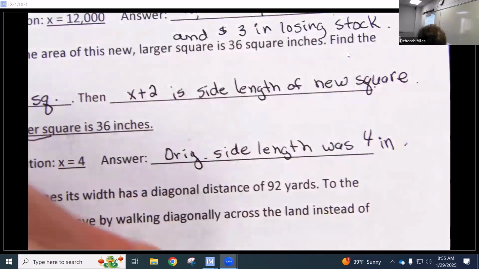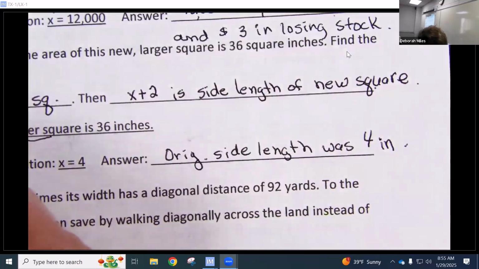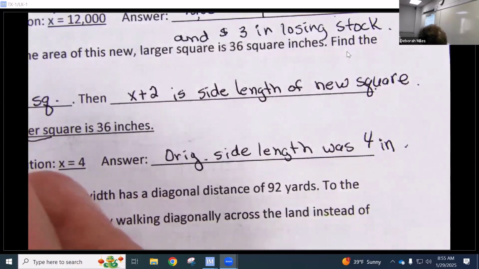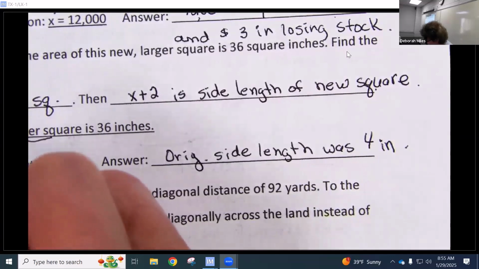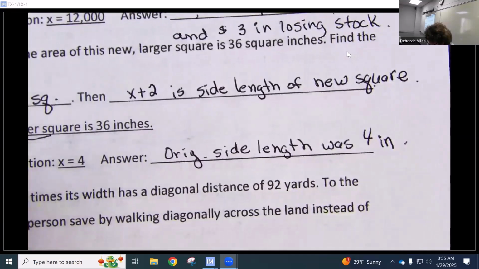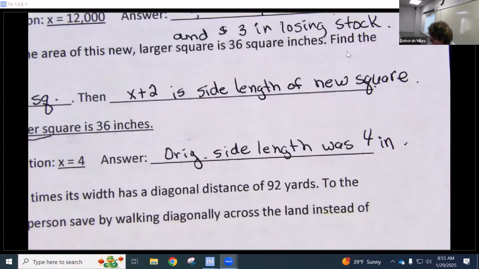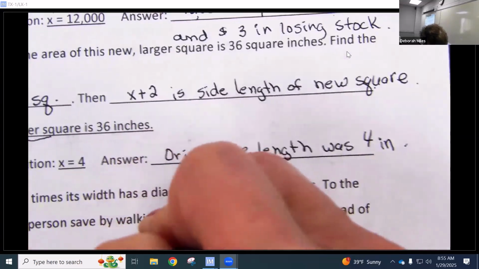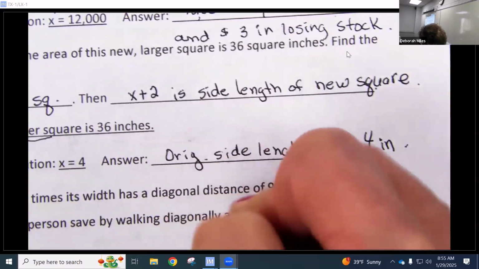Let x be the width of the yard. Then what algebraic expression would give me the length of the yard? It's 3 times the width. 3 times the width would be 3x. 3x is the length of the yard.